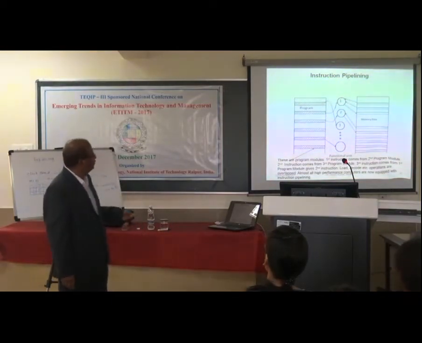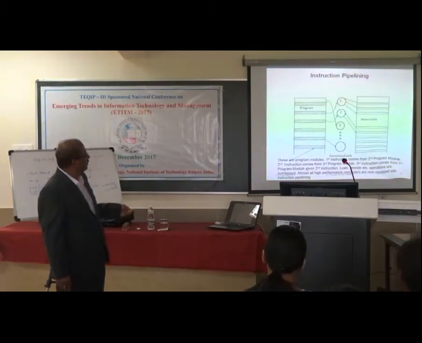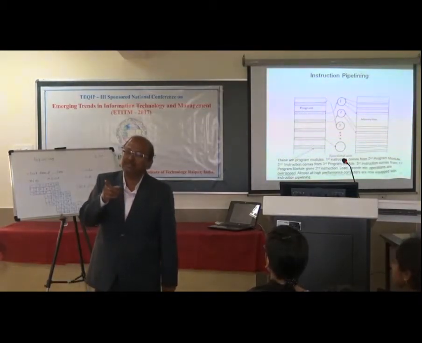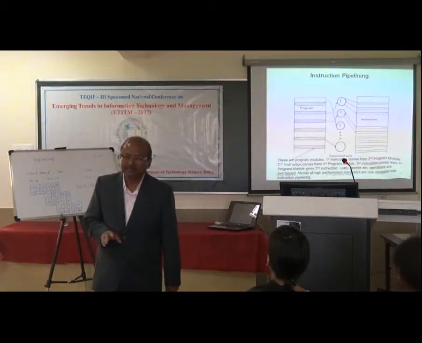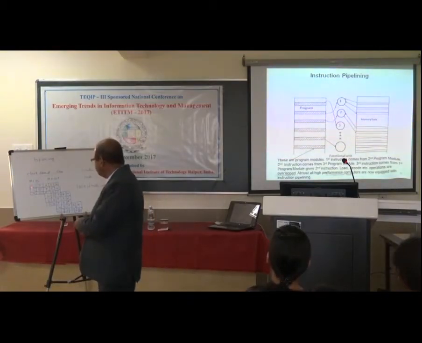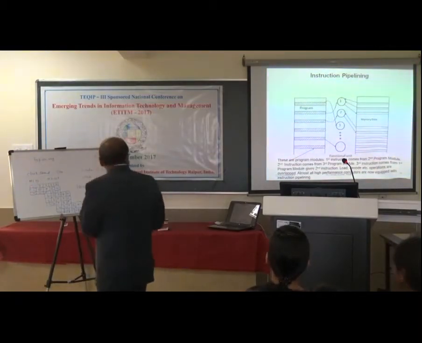So the same thing is shown, that these are the instructions. Instruction 1 is coming from second program module. Instruction 2 is coming from third program. Instruction 3 is coming from first program. Not necessarily that first program will give first instruction, it is not like that. Third program is giving first instruction like this.